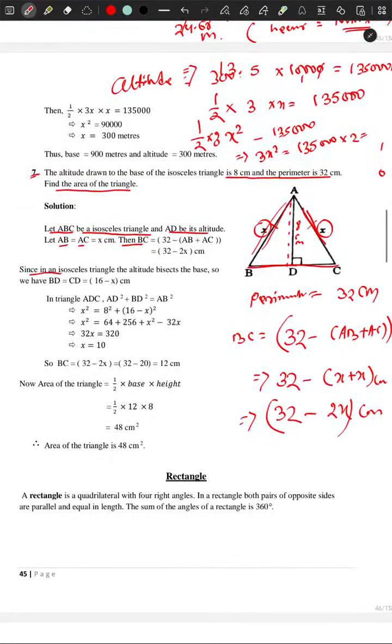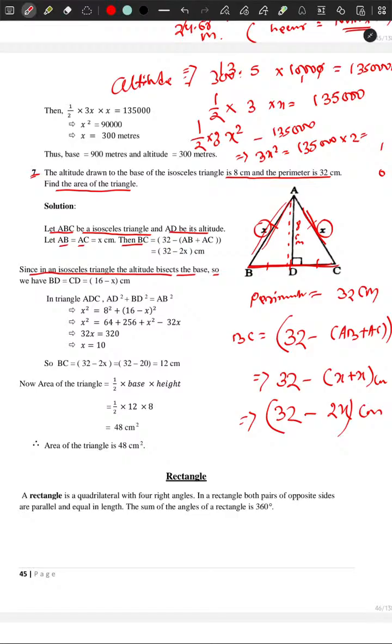Since in an isosceles triangle the altitude bisects the base, bisects means it divides the base into the same measure. It means if this part is 5 cm, this part is also 5 cm. It is an example, not its actual length.